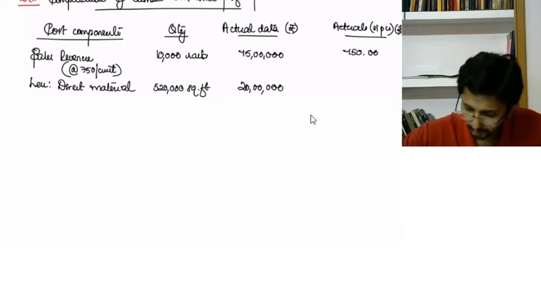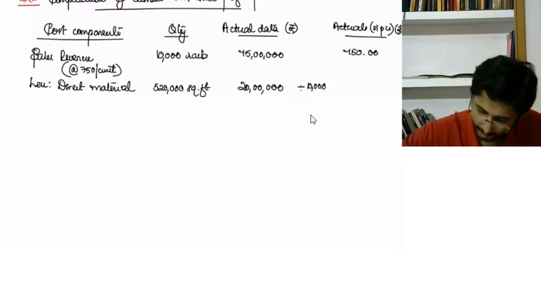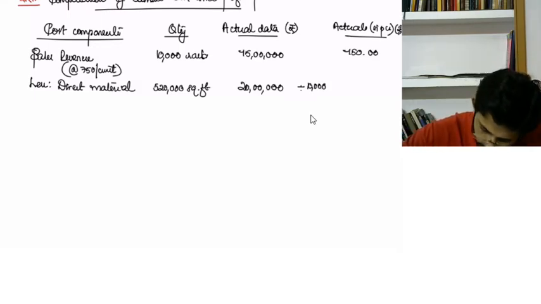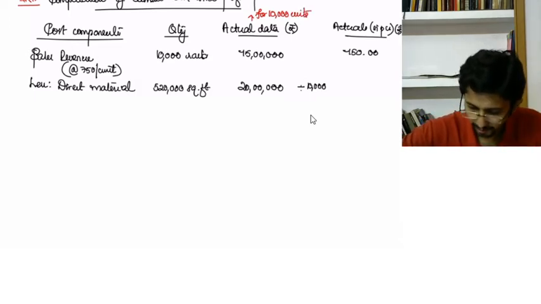So per unit will be 20 lakhs divided by 10,000, which will be 200 here.